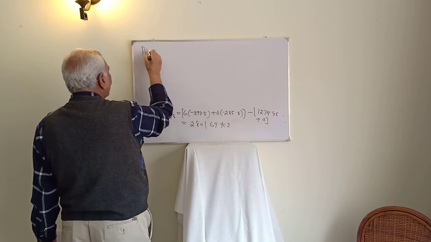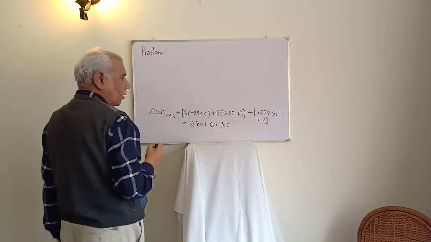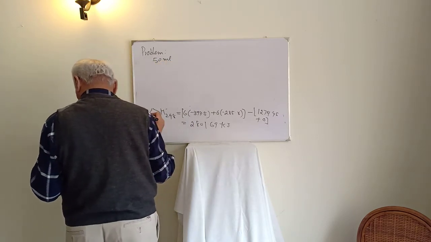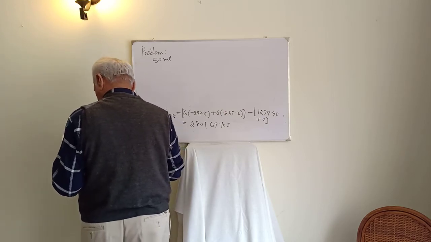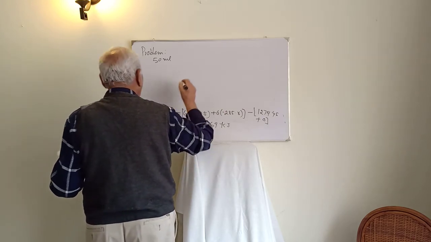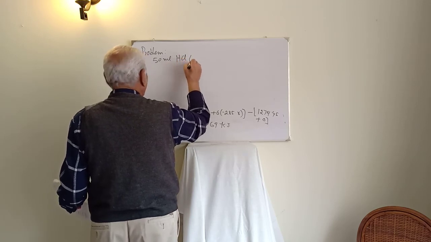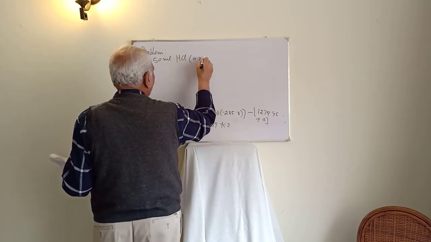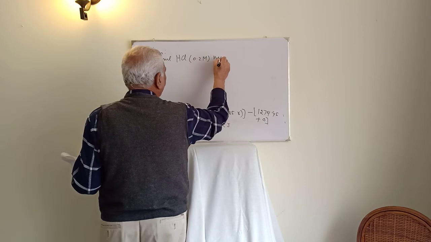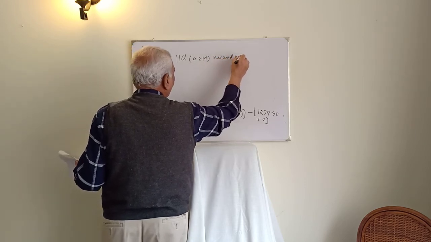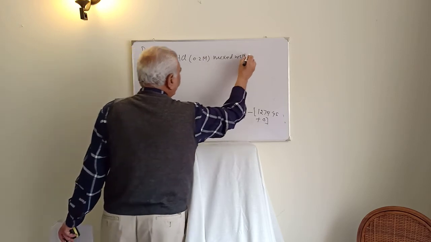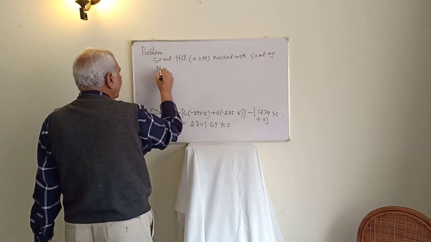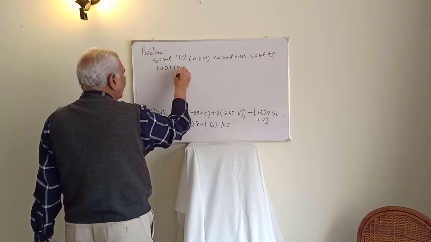Problem. 50 ml of HCl, 0.2 molar, mixed with 50 ml of NaOH solution, 0.2 molar.